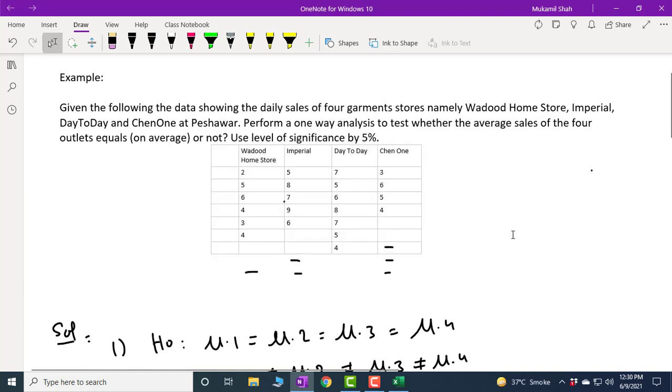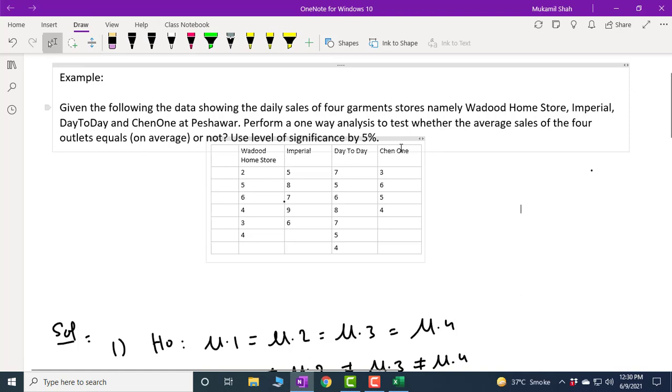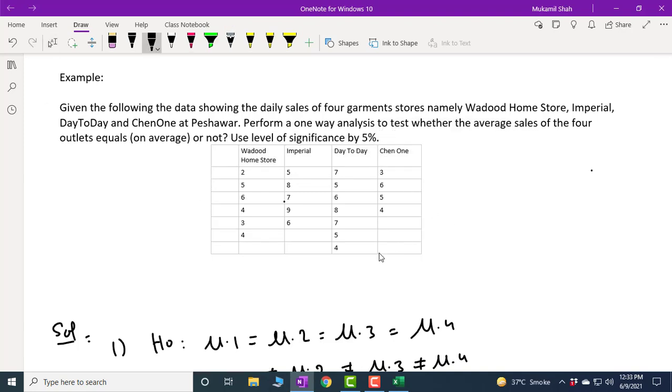You have to complete the table by doing some necessary computations. For example, this value is missing, this value is missing, this one, similarly this, and this.